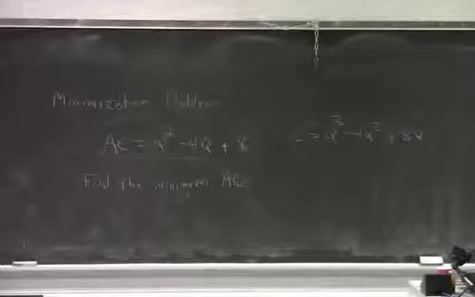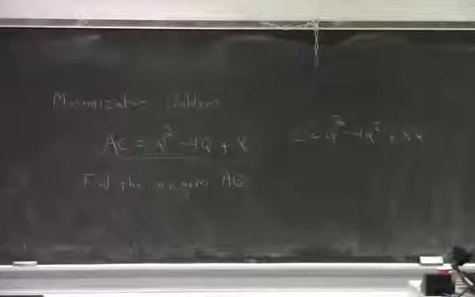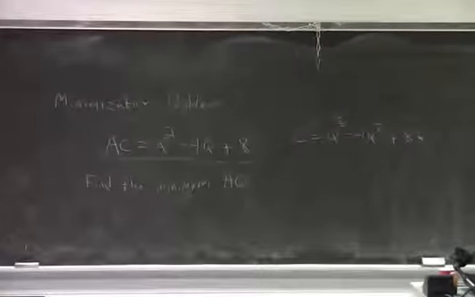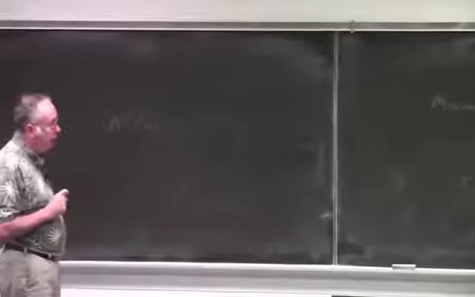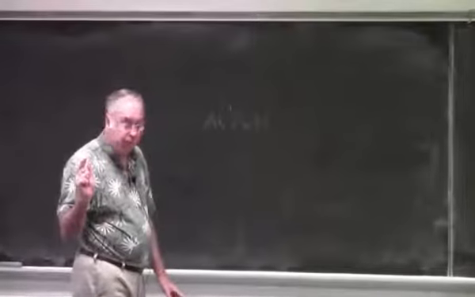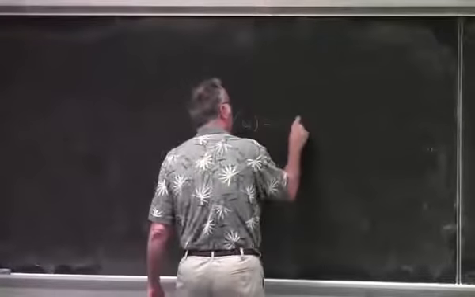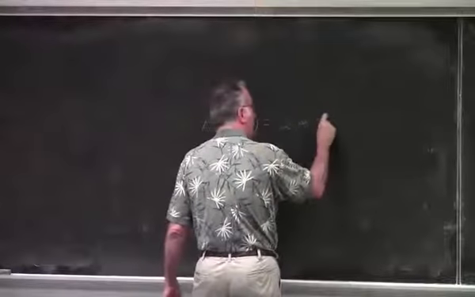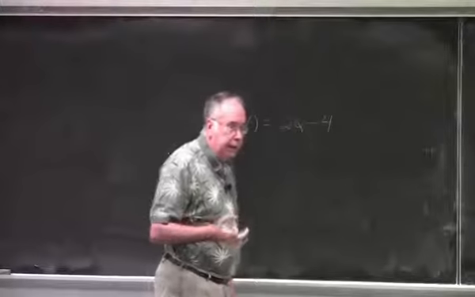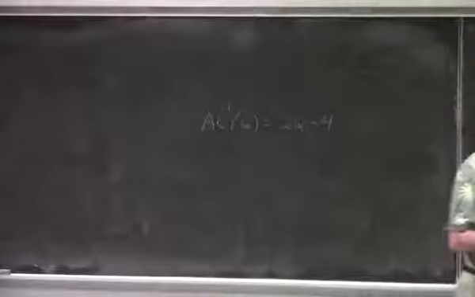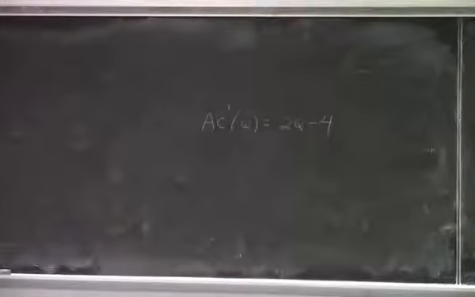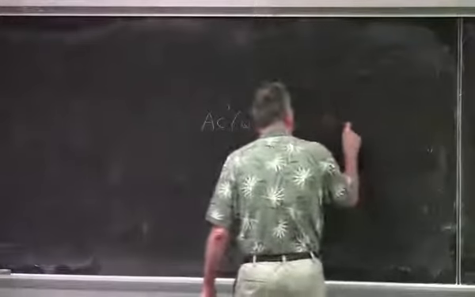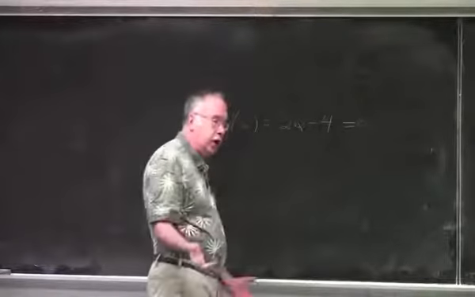So AC prime of q, and I'm writing parentheses q to illustrate that this is a function of q, is equal to 2q minus 4. And then what do we do with that first derivative? Set it equal to 0, and then we solve for q.